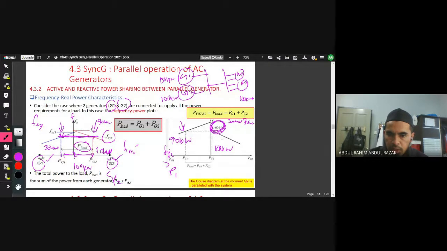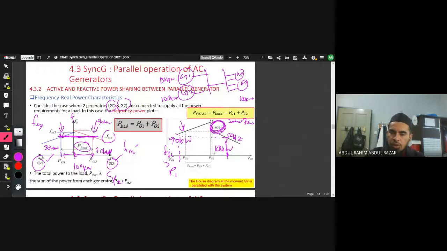Let's say if you want to plot here such that G2 supplies more, it will end up over here. So the frequency is no more 60 Hz, maybe it goes down to 50 Hz. So the frequency has already changed, and we cannot accomplish or stick to the rule that the frequency should be at 60 Hz.